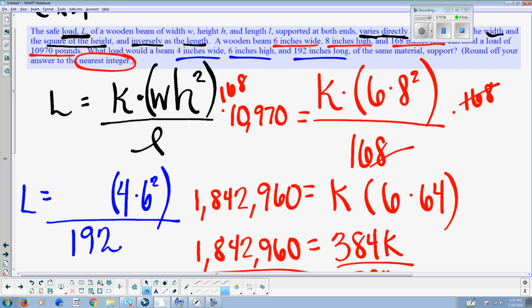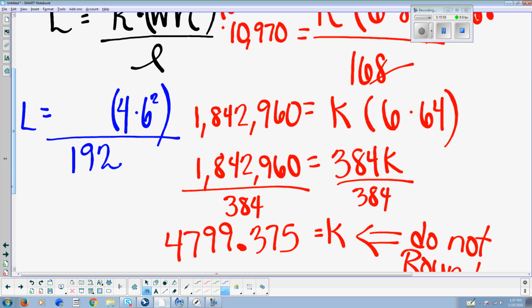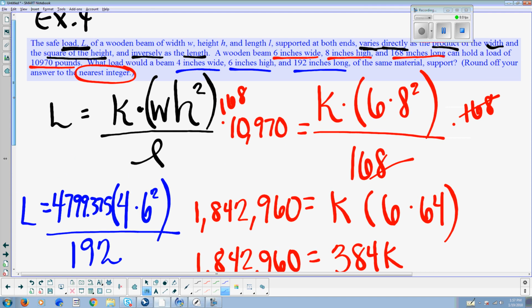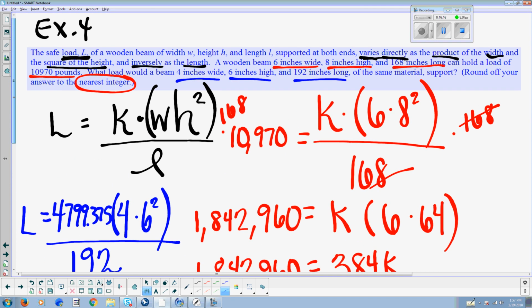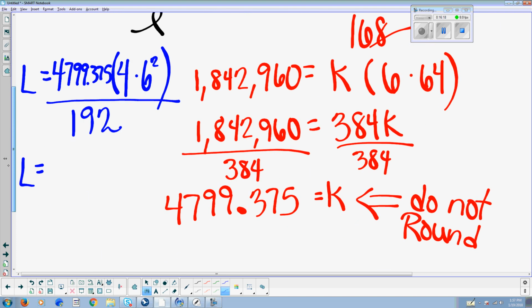Round off your answer to the nearest integer. Now, K, we learned, is 4,799.375. So this particular calculation will give us what L is, what our load is. What is the load this beam would support?